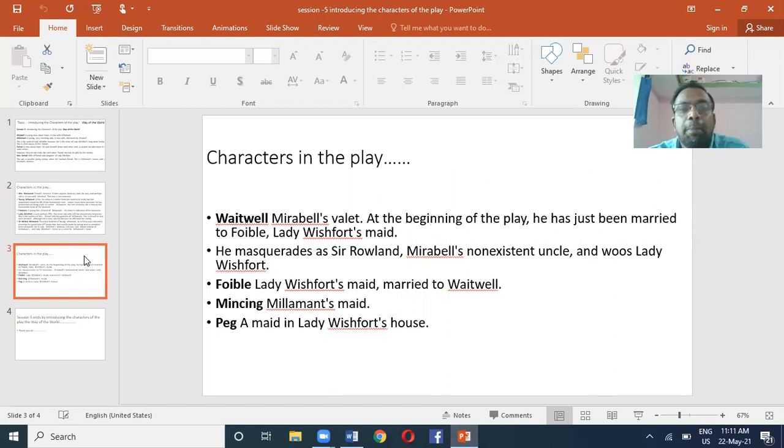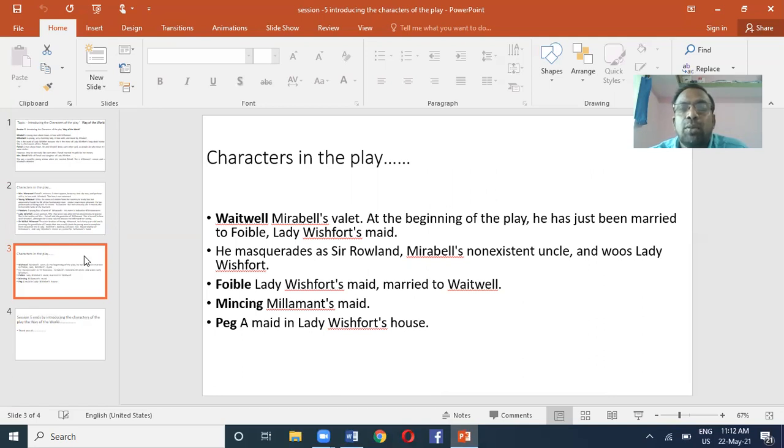See some other very minor characters of the play. Waitwell, Mirabel's servant and assistant. At the beginning of the play, he has just been married to Foible, Lady Wishfort's maid.